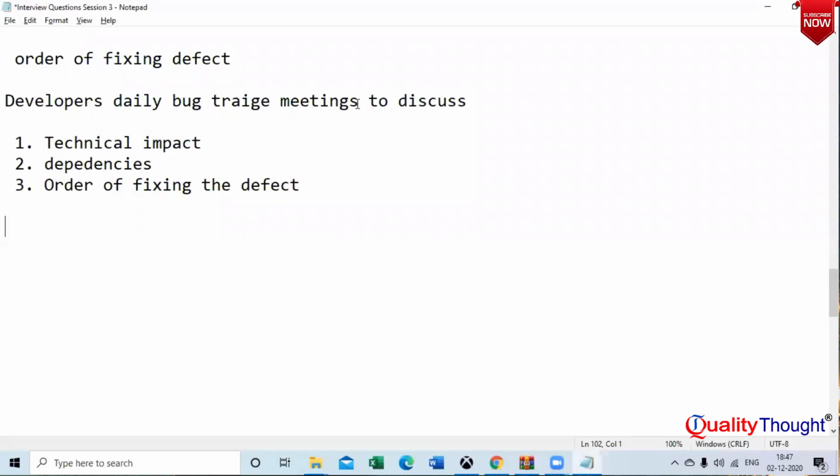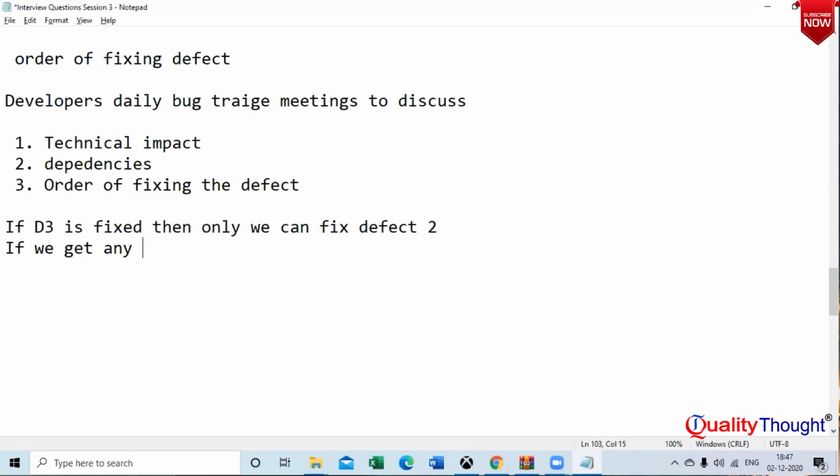Any dependency, for example, if defect 3 is fixed, then only we can fix defect 2. Or if we get any server access, then only defect 3 could be fixed.